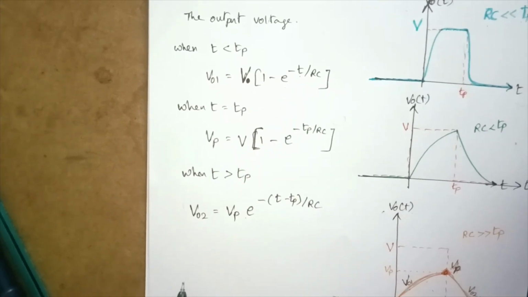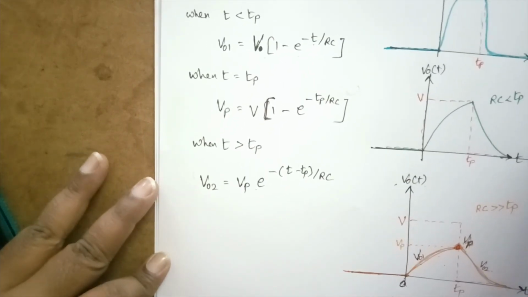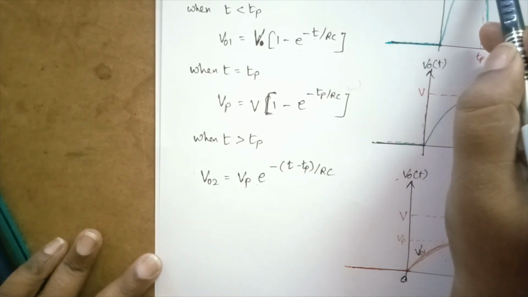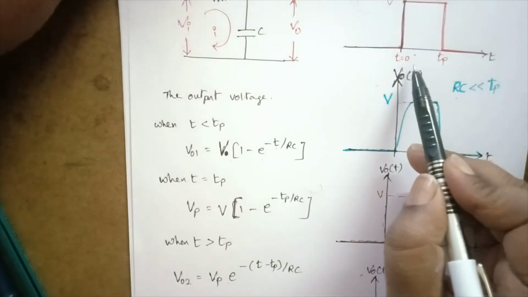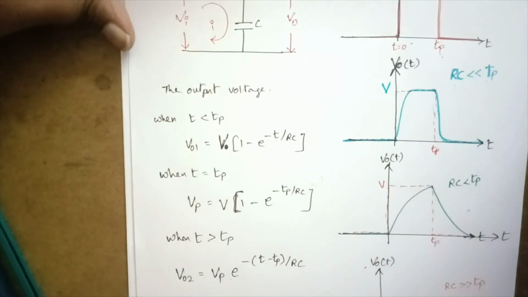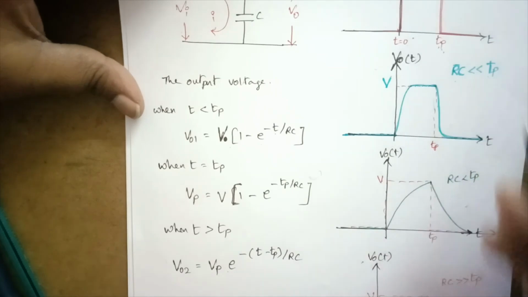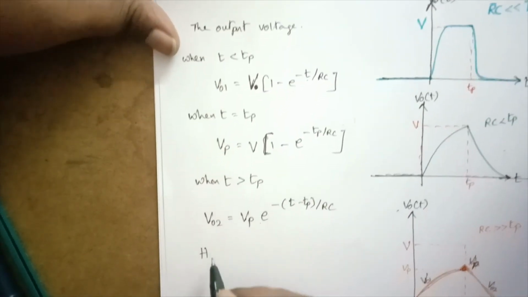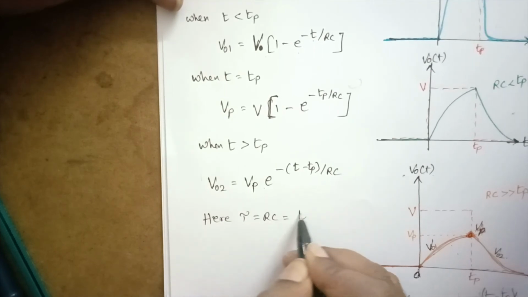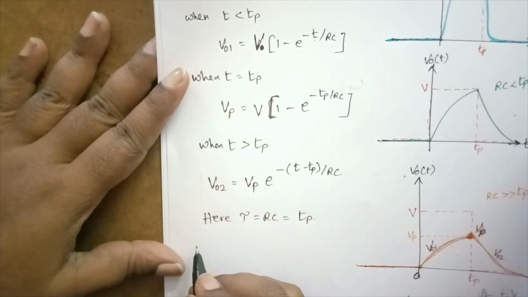One more thing: the time period of the pulse signal here is Tp only, not capital T. So the rise time also changes according to the pulse width. The tau value RC, we take as Tp. Therefore what does the function become now?